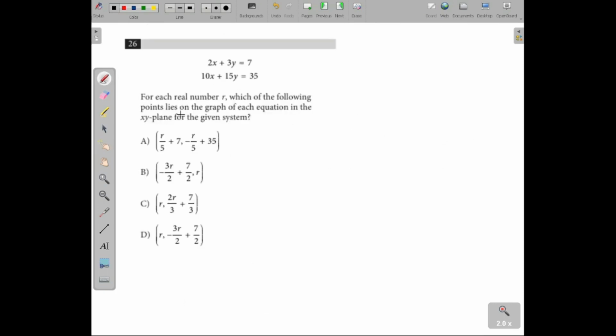Number 26. We have two equations. For each real number r, which of the following points lies on the graph of each equation in the xy-plane for the given system?